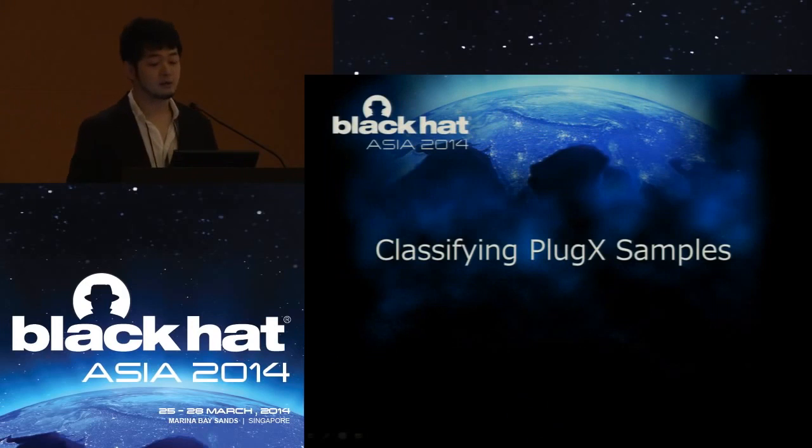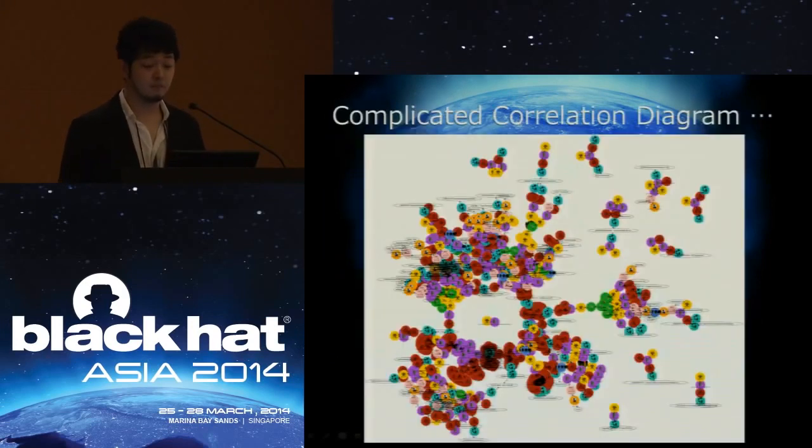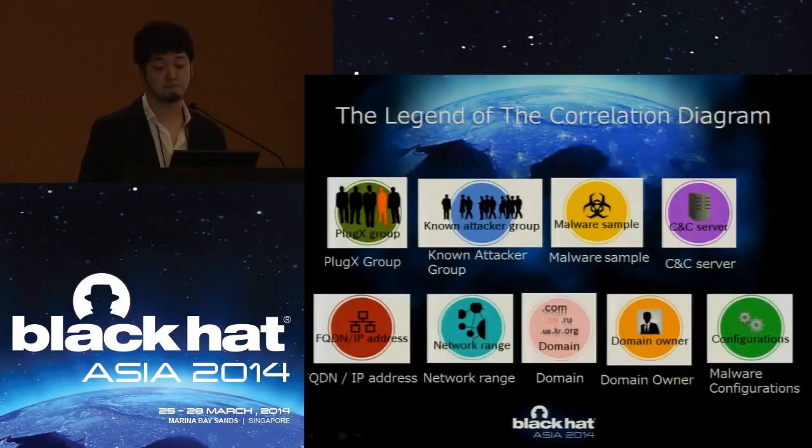Okay, let's see how we classified PlugX samples as certain groups. This is the complete graph of the PlugX correlation diagram, but this is too complicated and chaotic a graph, right? So we need to explain this graph in detail from now on. We would like to show you some legends of the PlugX correlation diagram.